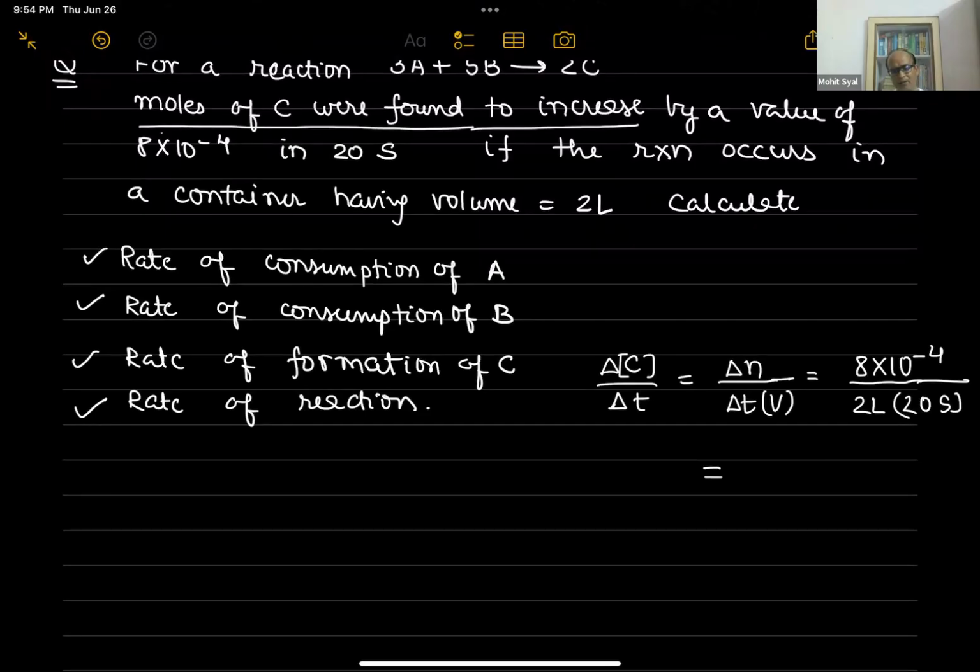So how much value are you getting for dC by dt? 8 by 4 is 2 into 10 to the power minus 5 mole per liter per second.